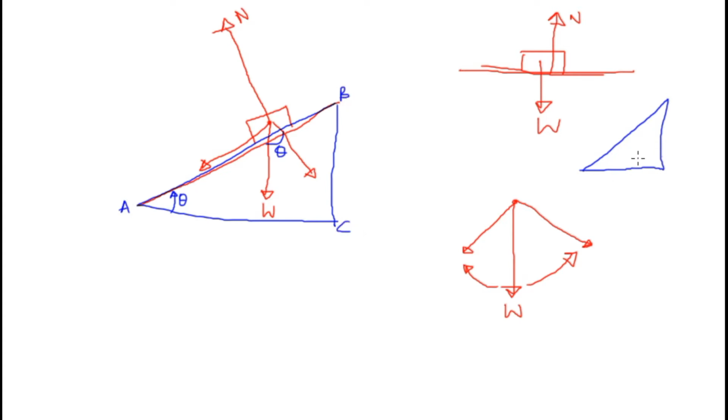The weight coming down from this point also forms another triangle, so let's say this is triangle ADE right here, and it can be extended into triangle ABC.